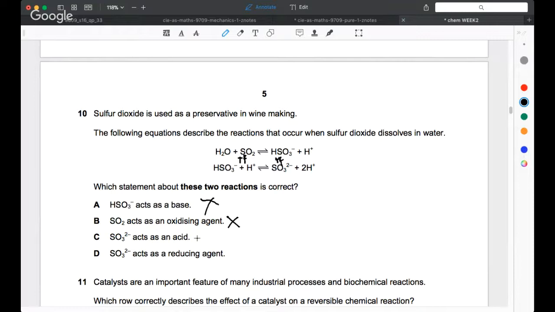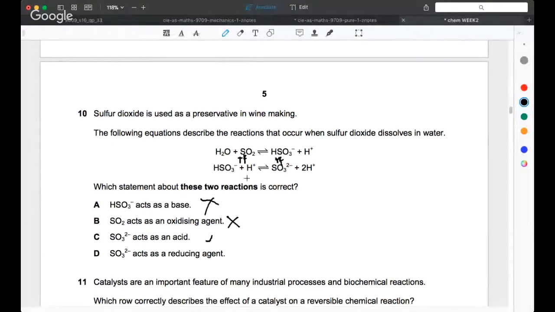SO6 is an acid, because it donates its hydrogen ion. Does it?